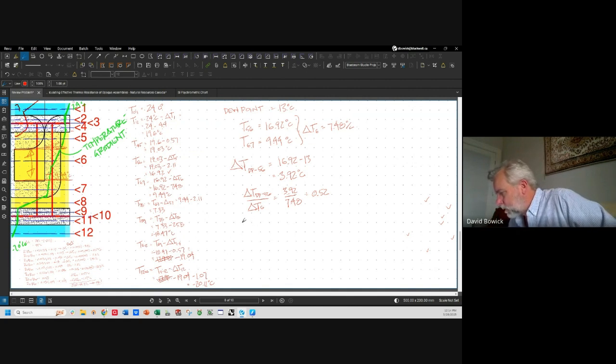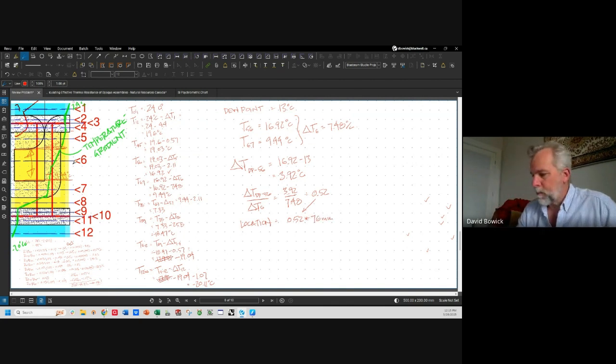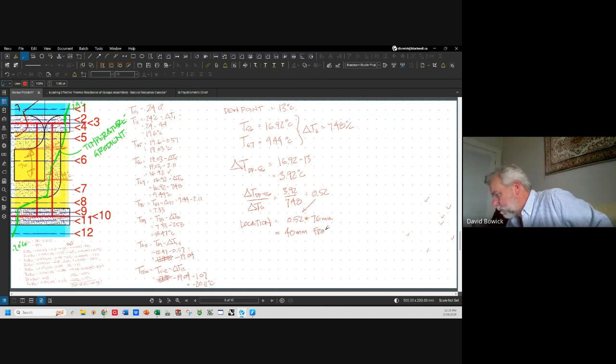And then the location equals 0.52 times 76 millimeters. 76 millimeters is that distance, which is 40 millimeters from the 5, 6 boundary.